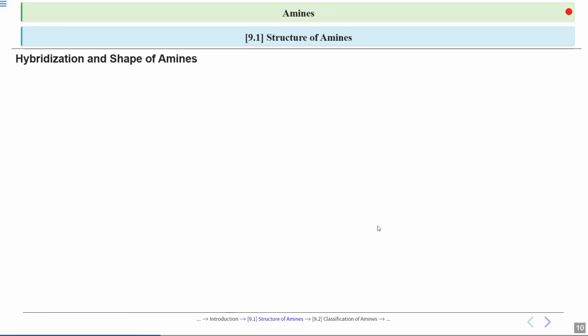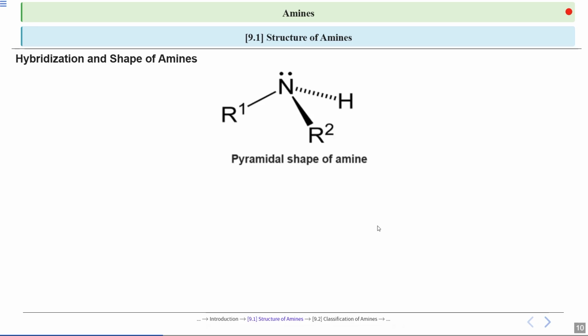Next, we will focus on the hybridization and shape of amines. So listen very carefully. Over here, you will see the pyramidal shape of an amine. You will see a nitrogen, which has a lone pair, 2 R groups and 1 hydrogen. First, we will talk about hybridization. Can you see what hybridization it possesses? It is sp3.